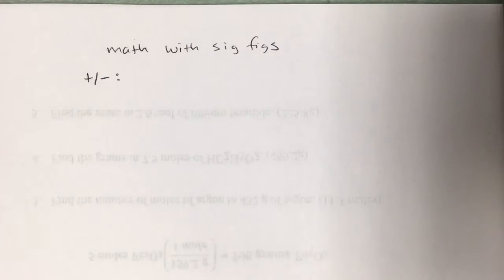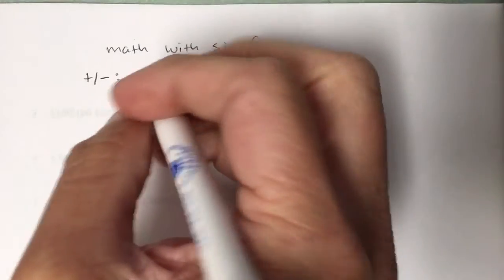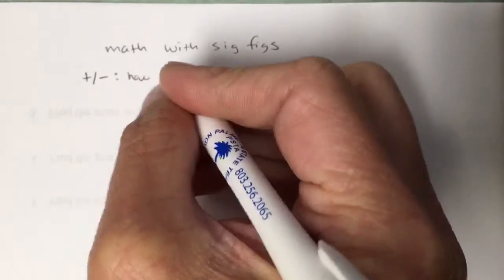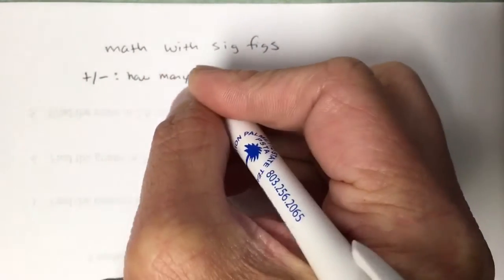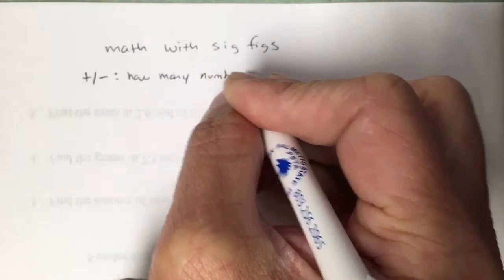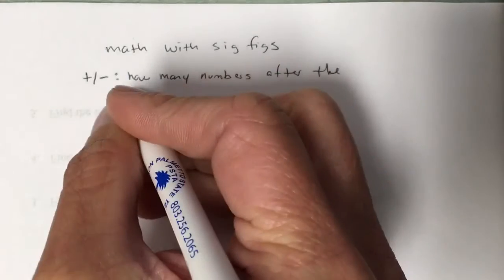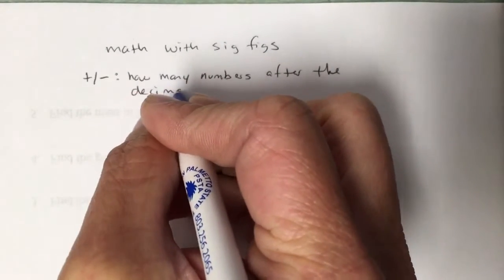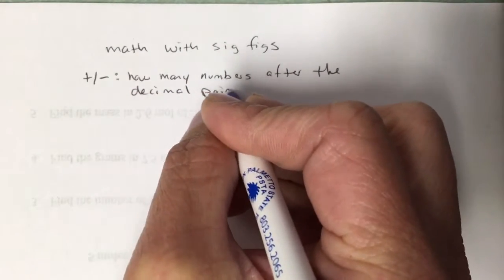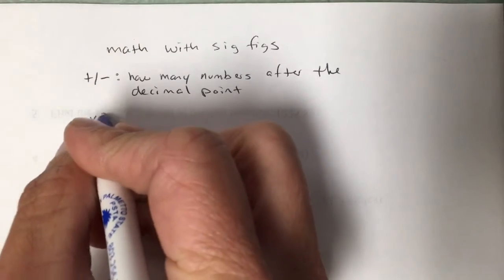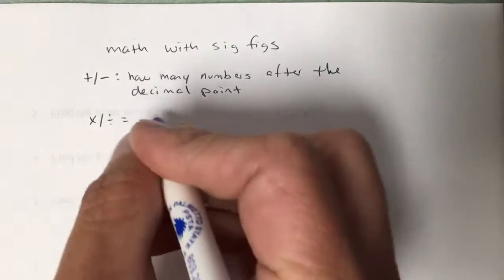For addition and subtraction, it's about how many numbers you have after the decimal point. For multiplication and division, it's about the number of significant figures.